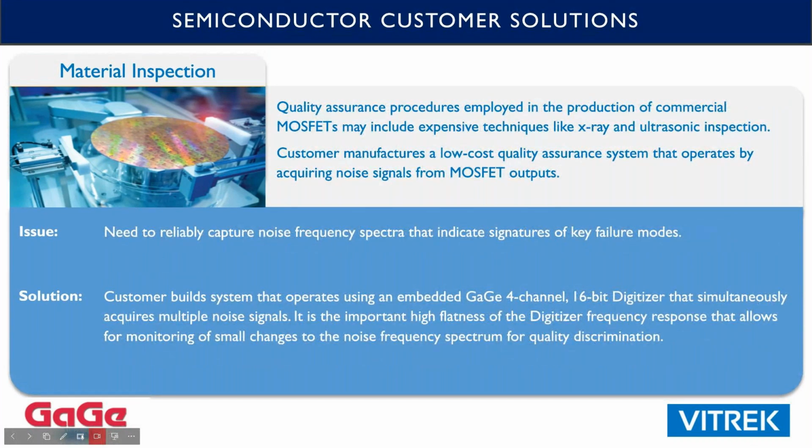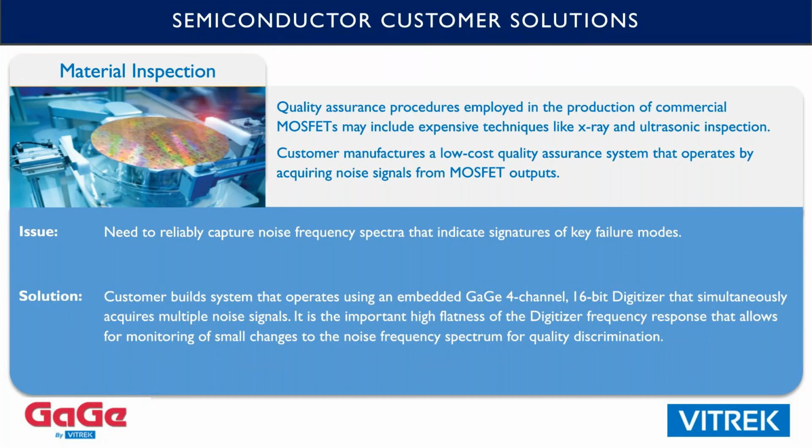So this is an interesting one, again, during the fabrication of MOSFET chips. You package up your MOSFET chip, and in order to characterize it, you can run relatively expensive characterization techniques like X-ray or ultrasonic inspection. But this customer does a fairly novel technique to judge the quality of the MOSFETs.